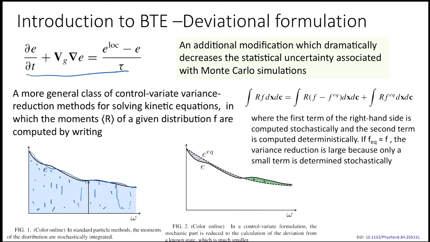So this space, where we were exploring, was really quite large. As it's written here, the control variate methods are solving the kinetic equation. The moment R of a given distribution F is computed by writing this form. What this form is telling us is that if we know the equilibrium distribution already, our final solution has to be like this.